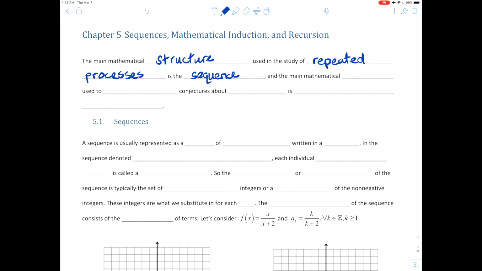And the main mathematical tool used to verify conjectures about sequences is mathematical induction.